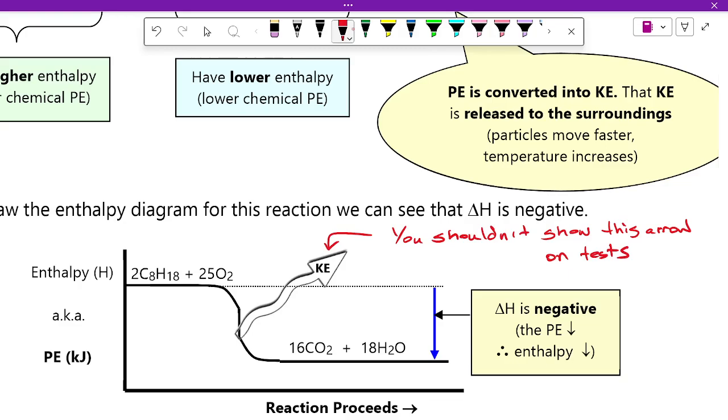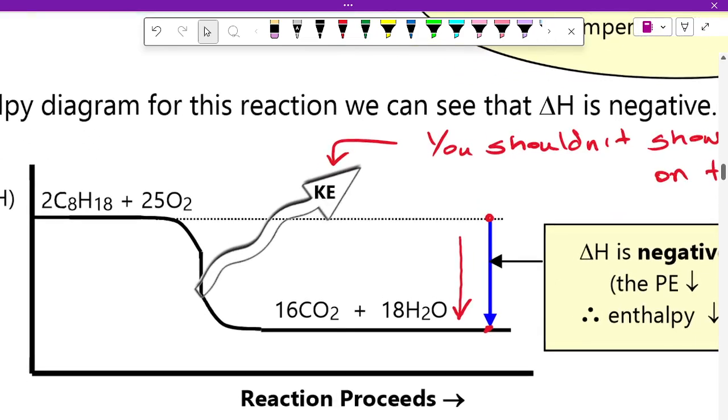If you are asked to label the change in enthalpy, it has to start at the level of the reactants and it needs to finish at the level of the products. It would not be okay to draw your arrow like this. Why is that arrow not okay for the change in enthalpy? It's the wrong size.